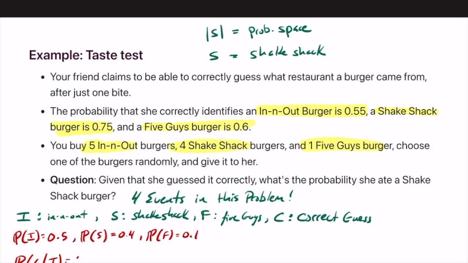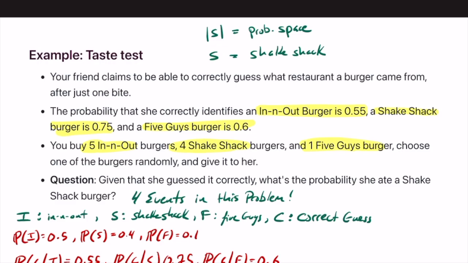And that's going to be 0.55. And the probability of guessing it correct given that it's a Shake Shack burger, 0.75. The probability that it's a correct guess given a Five Guys burger, 0.6.